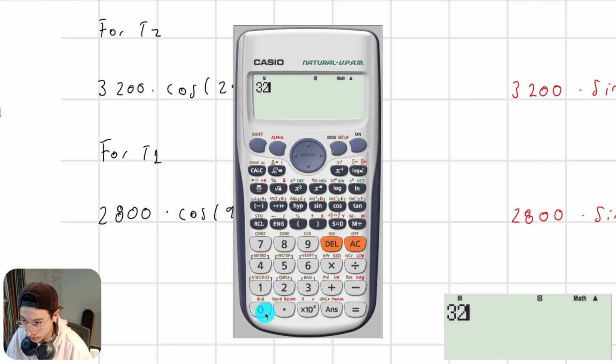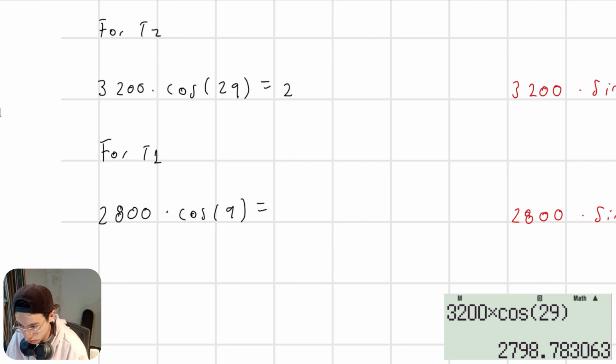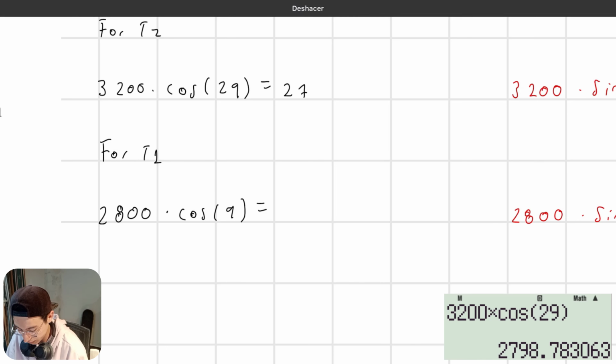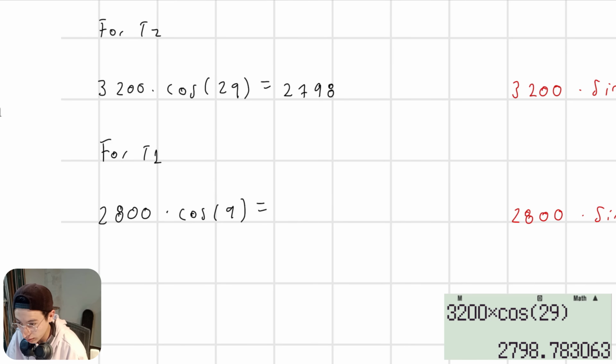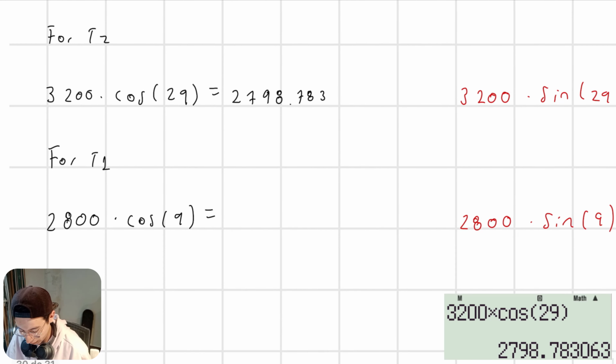Now 3,200 times the cosine of 29 equals 2,798.783.